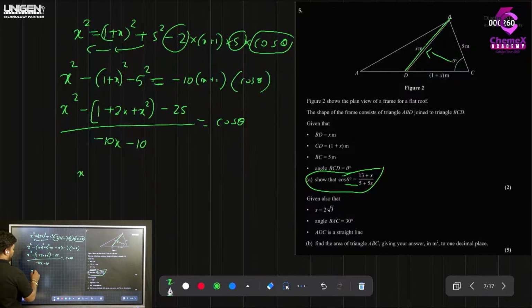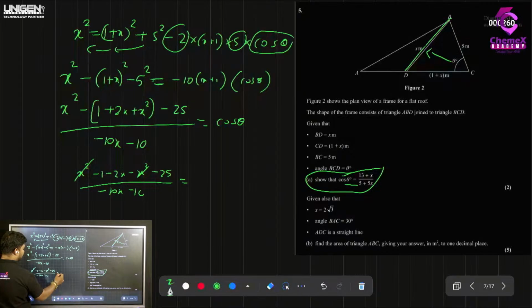So x squared minus 1 minus 2x minus x squared minus 25 divided by minus 10x minus 10. Can you see these two cancel? So now what can you do? Minus 2x minus 26 over minus 10x minus 10 equals cos theta.